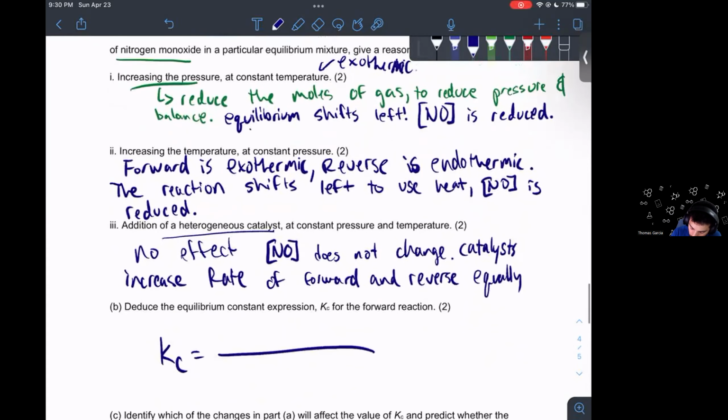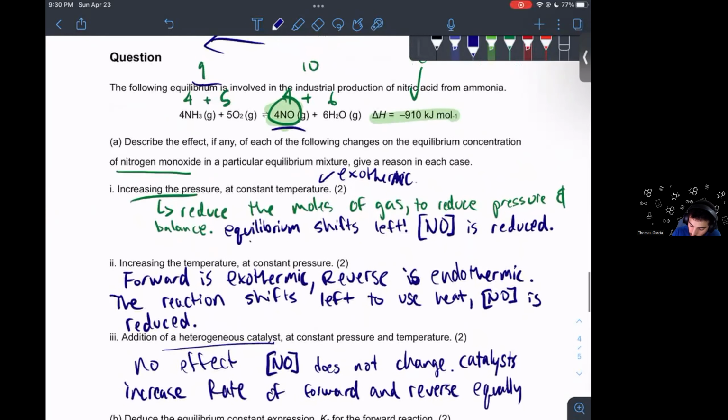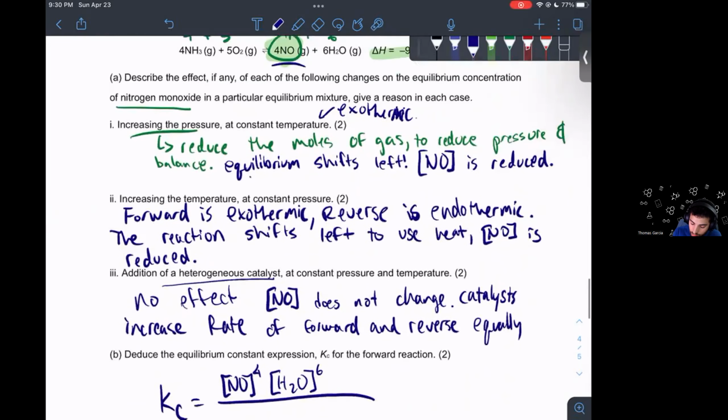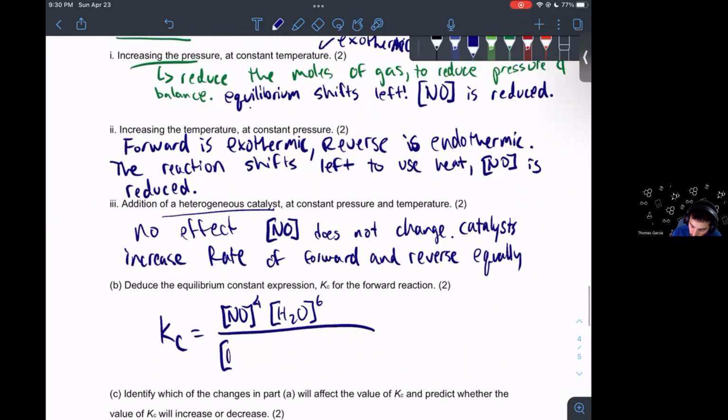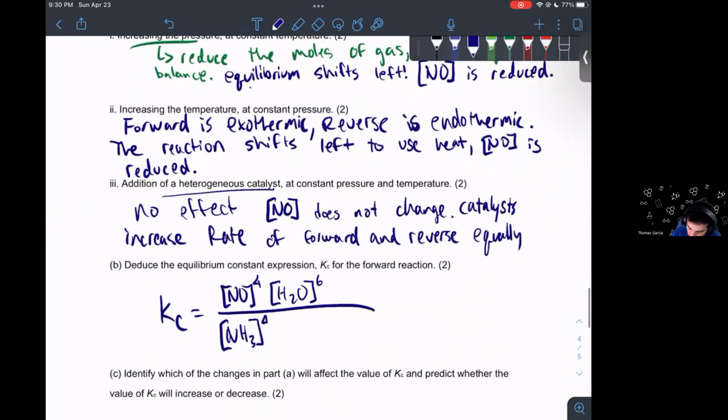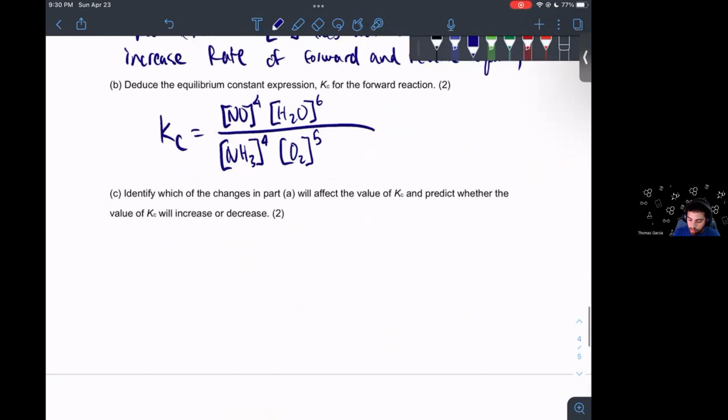So the product is the concentration of NO to the fourth because of that 4 exponent, the concentration of H2O to the 6th because of that 6 exponent, over the concentration of NH3 to the 4th, and lastly, the concentration of O2 to the 5th. There we go. Easy points right there. Whenever they ask about the equilibrium constant expression, just know that's your easy points.